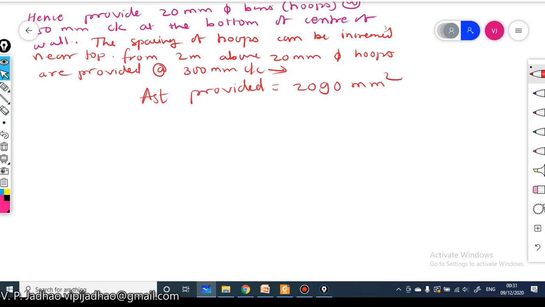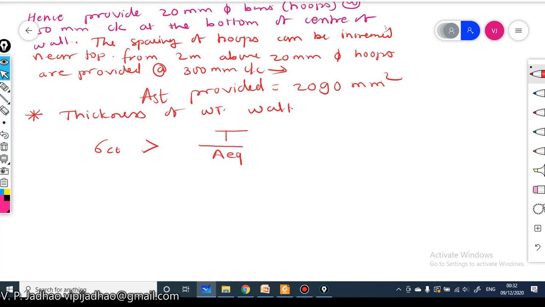Now we have to calculate the thickness of the wall. The thickness of the water tank wall is required to be calculated. We have seen this formula: sigma CT should be greater than the tensile stress in concrete, that is T divided by A equivalent.